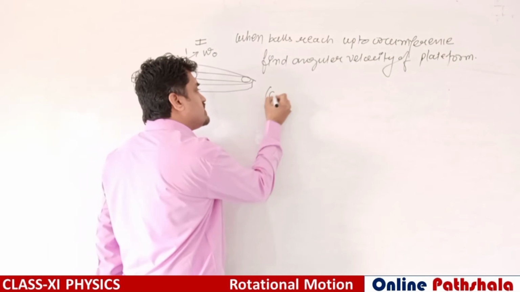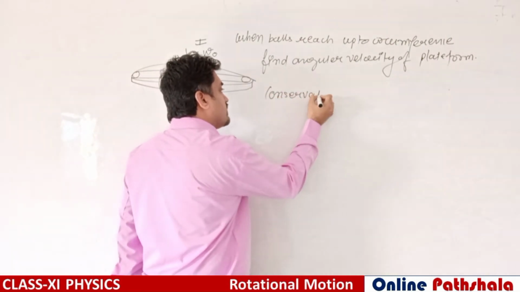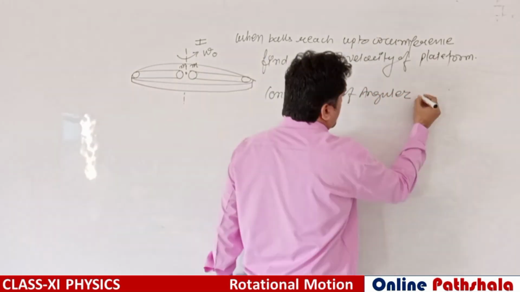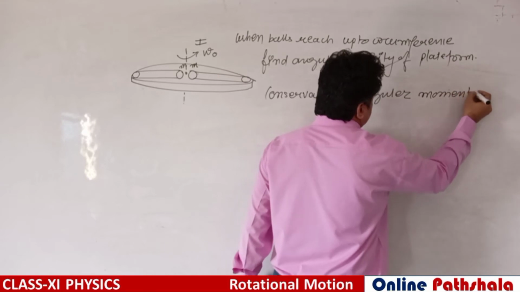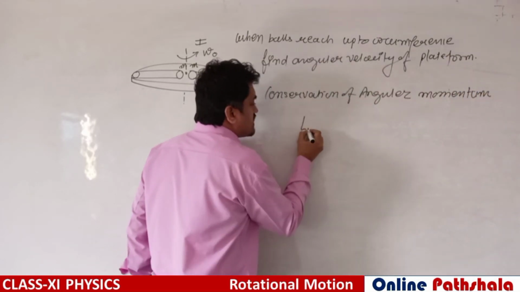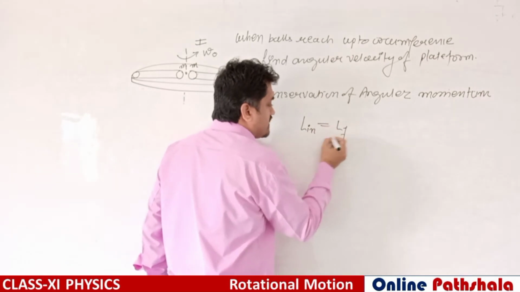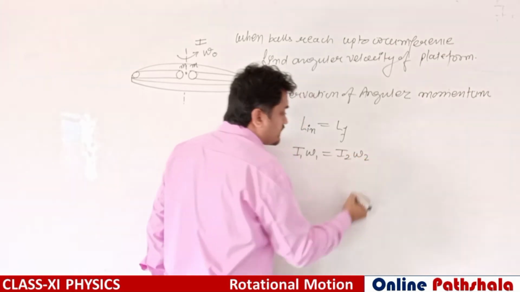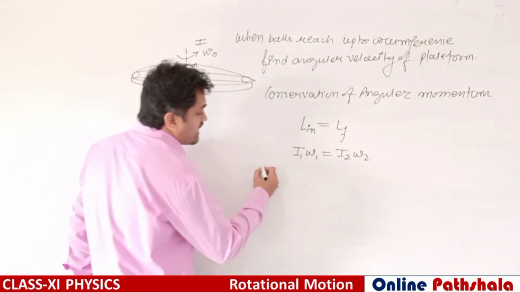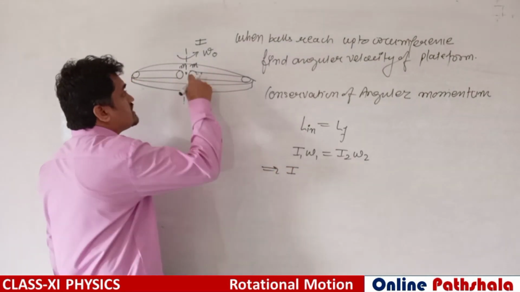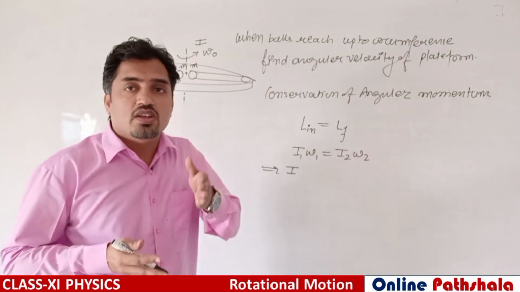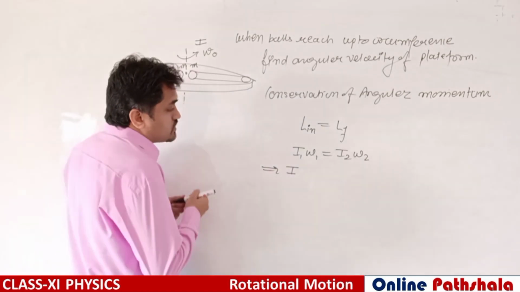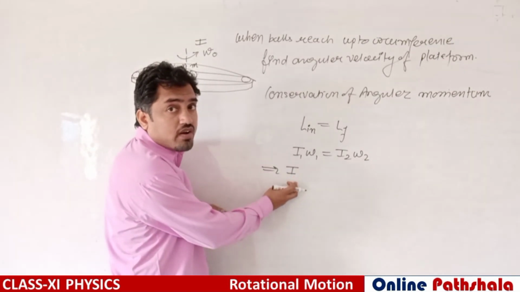So, we can use conservation of angular momentum. L initial is equal to L final, meaning I1 omega 1 is equal to I2 omega 2. What is I1? It is I, since these two balls are initially at the center, so their moment of inertia is 0 and we only take the moment of inertia of the circular platform.